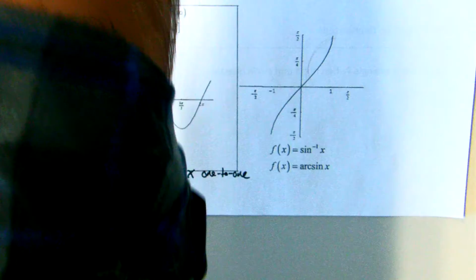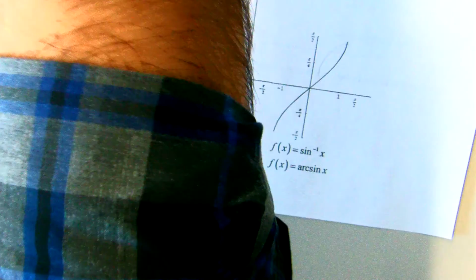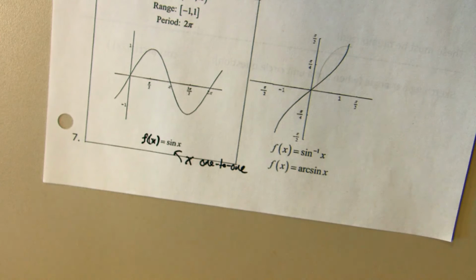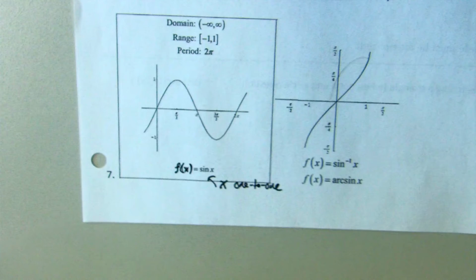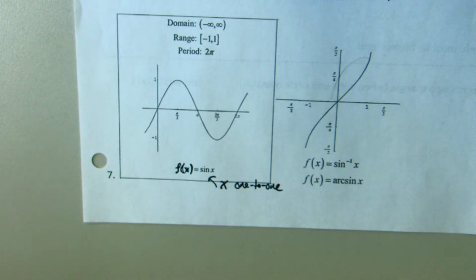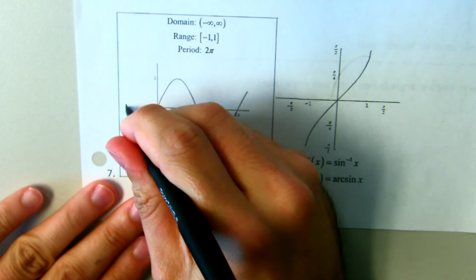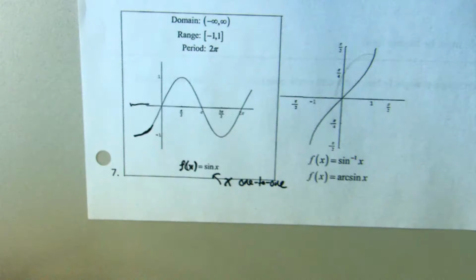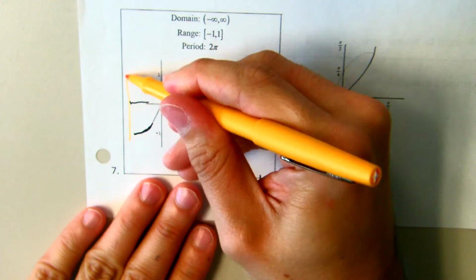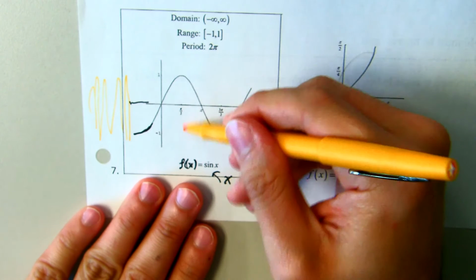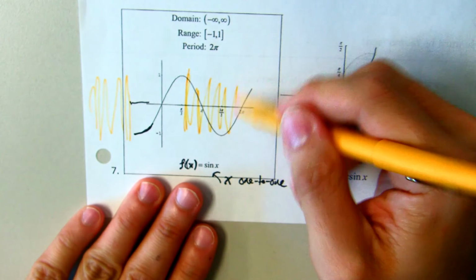So what we're going to do is ignore part of the graph, and ignoring part of the graph is not a very mathematical term. The mathematical term would be to restrict the domain. I'm going to ignore everything to the right of this and to the left of that.